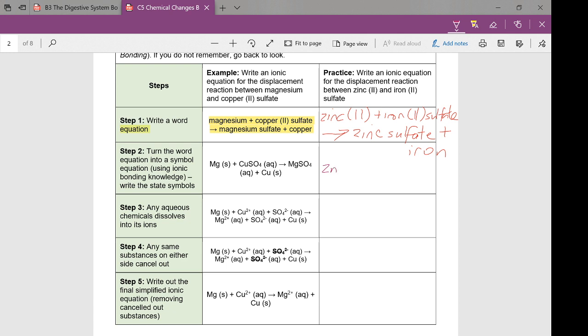If I were to write the state symbol, is zinc solid, liquid, gas? Erin, if you have a look here, I'll link it to you again. There's a periodic table. Yes, you would get it on the exam, so don't worry about memorizing every single symbol. What I've linked to you is the exact periodic table that you will receive.